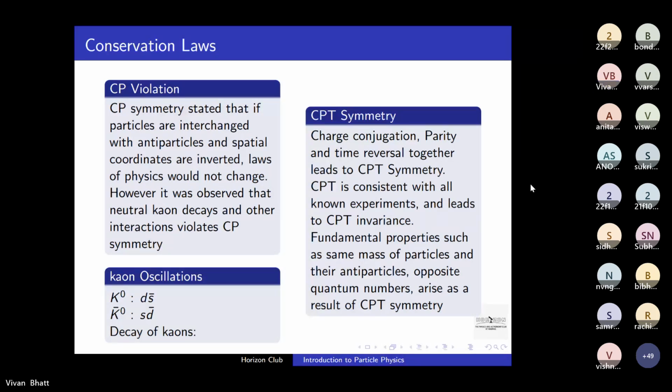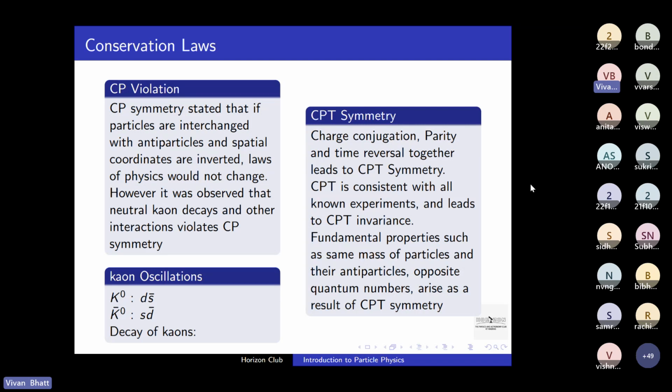The thing is, if you don't exactly understand kaon decay, how do I explain? Someone was talking about superposition, right?